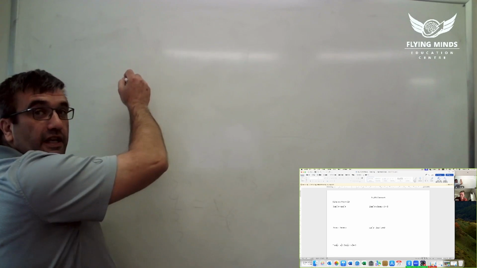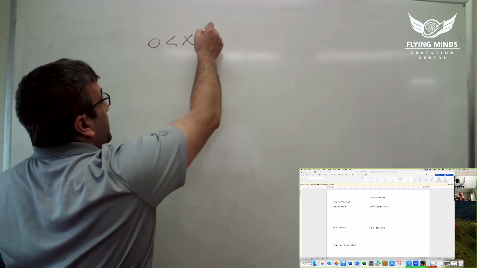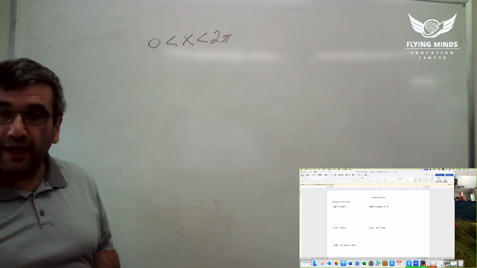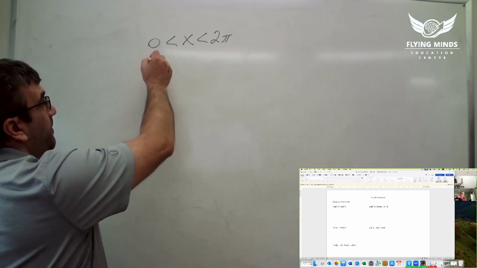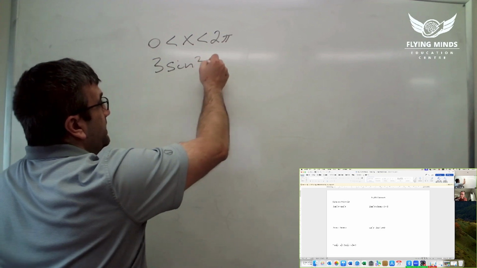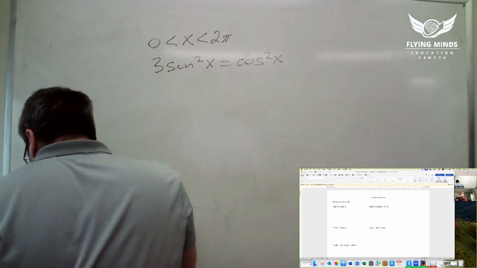So we're given a domain, right? So our domain is one rotation, right? So now we want to solve 3 sine squared x equals cosine squared x.